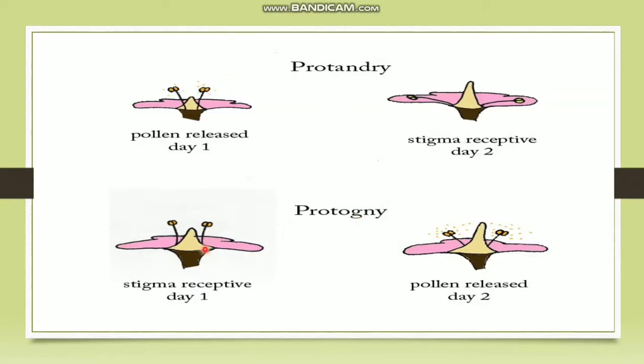In protogyny, on day 1 the stigma becomes receptive, and on day 2 the stigma loses its receptivity, and at that time pollens are released. This way cross-pollination is ensured in some of the plants producing bisexual flowers.